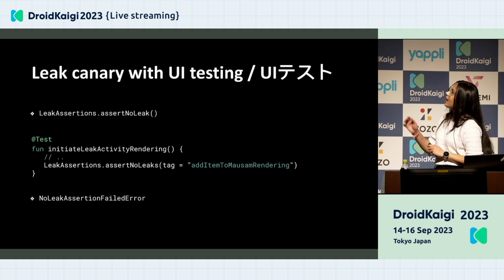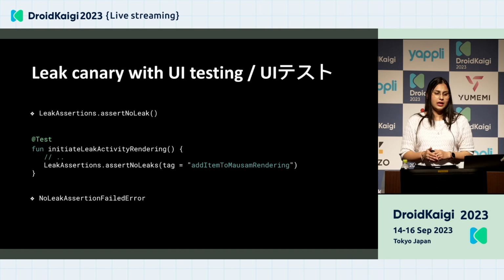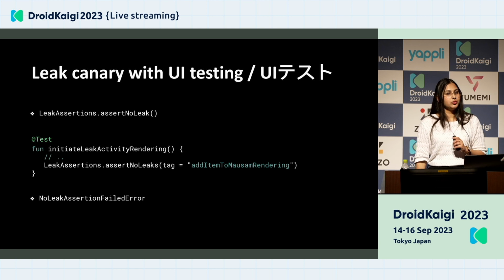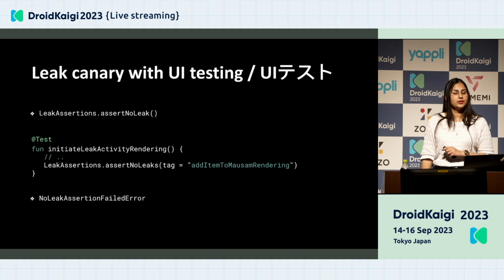You just have to add LeakAssertions.assertNoLeak at any point of your UI testing cycle, and it will detect whether that particular piece of code is leading to a leak. If there is a leak, then the entire process which we have seen will be initiated, and your test will fail, giving you a no leak assertion fail error. So testing is sorted now.